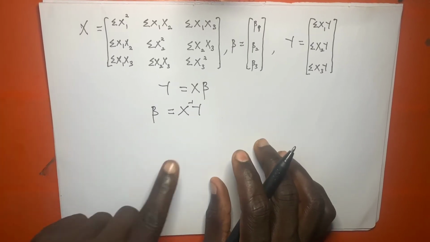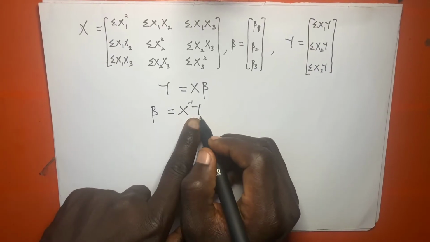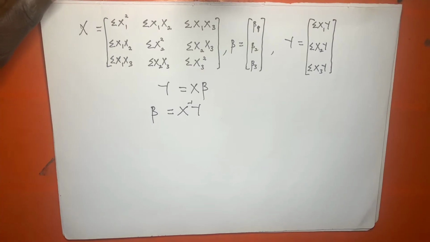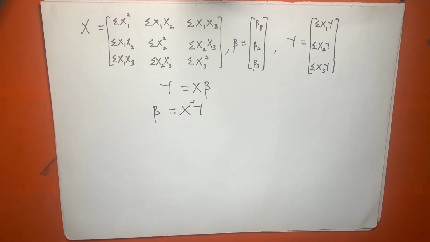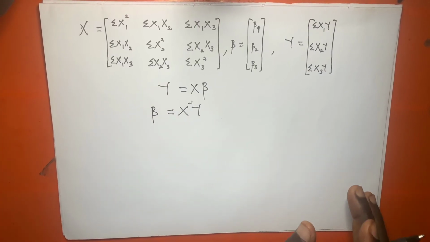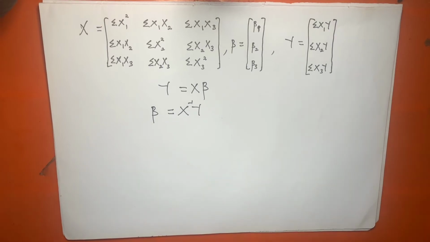So it means we're going to find the inverse of matrix x, then multiply it by y. So now we're not going to deal with the original equation right from here. So how do we do this? This is what we are considering.